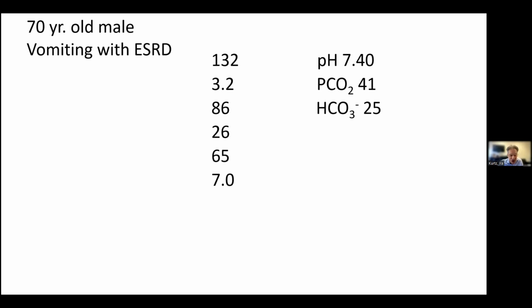And again, you can't tell temporally. Don't make the mistake of saying this occurred first and then this occurred. There's no movie here. This is a photograph. This is a snapshot in time. So we don't know what was first, whether the patient had an elevated bicarbonate first, or the bicarbonate dropped first and then the bicarbonate came back to normal. You'll never know that just from one set of numbers.